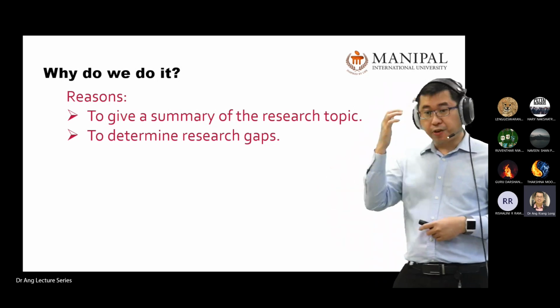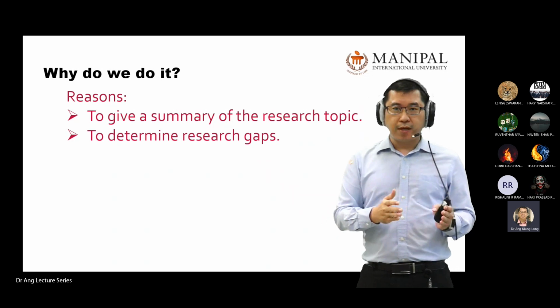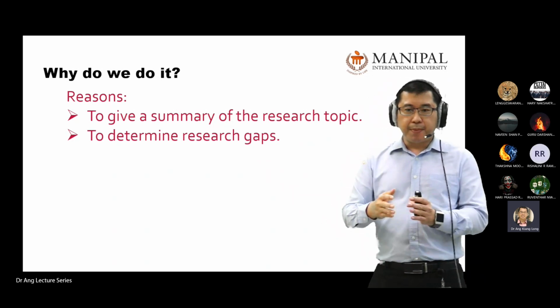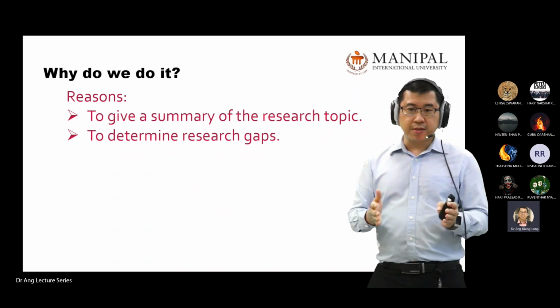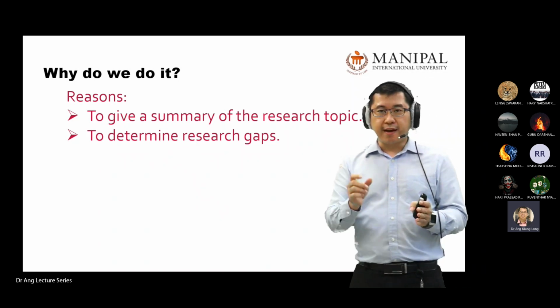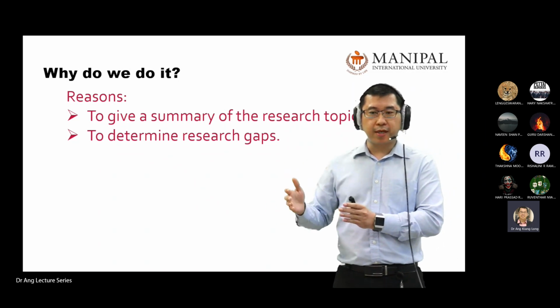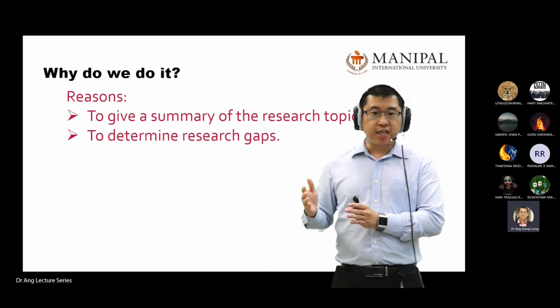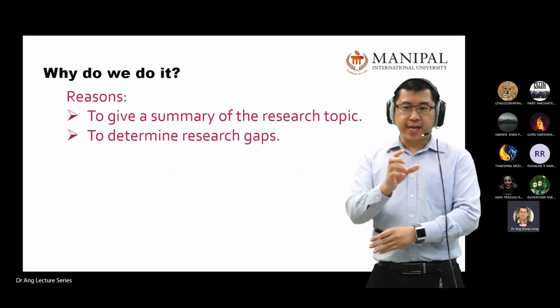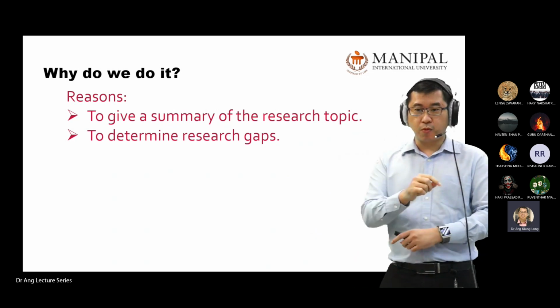So when you write your review paper later on, you will find that the paper 10 years ago, they have this gap. And then maybe the paper is in the 2000, and they mention that they have this problem. And then when you come to a paper published in 2010, or maybe last year, 2020, they solve the gap that was mentioned 10 years or 20 years ago in one of the papers.